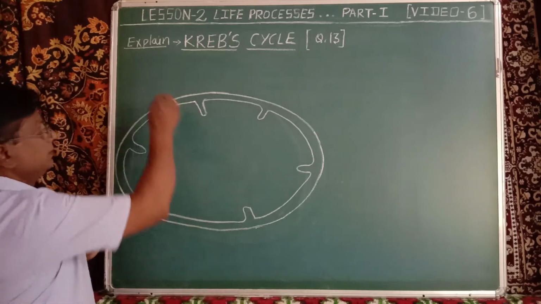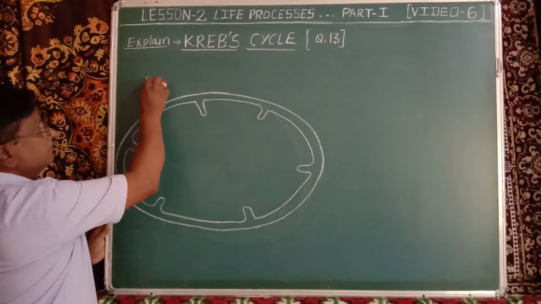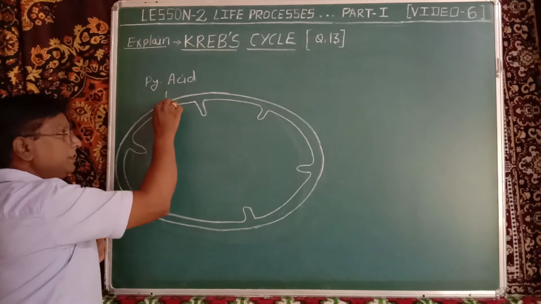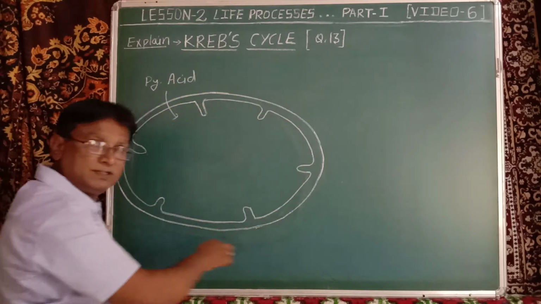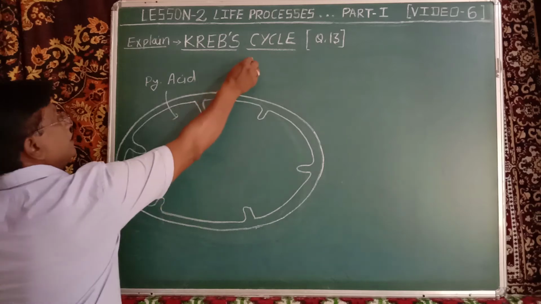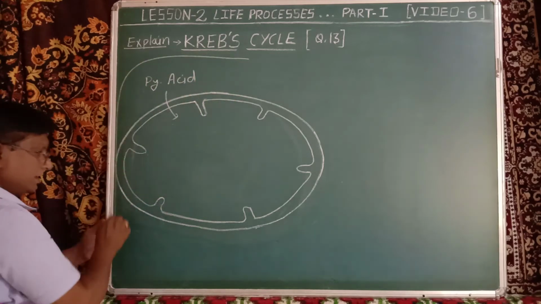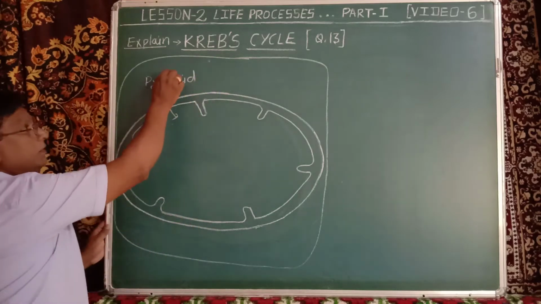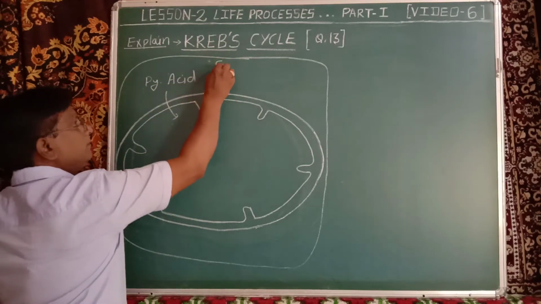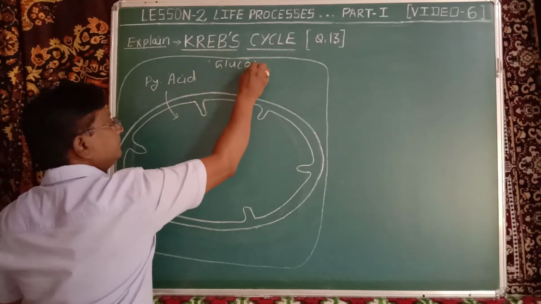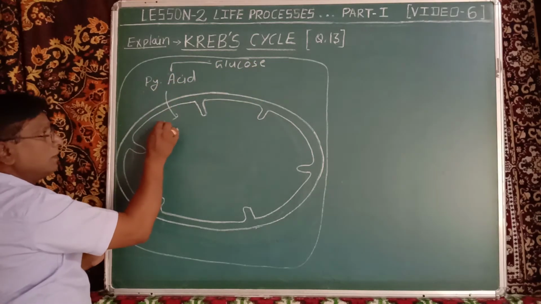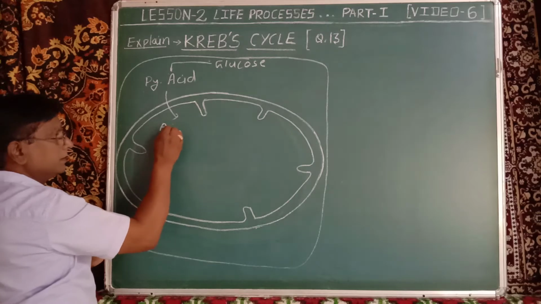We have learned that pyruvic acid is formed in the cytoplasm, then it enters into a cell organelle. This cell organelle is mitochondria. It is a cell, and inside the cell there is mitochondria. Pyruvic acid is formed from glucose, and then it enters and forms acetyl-CoA.